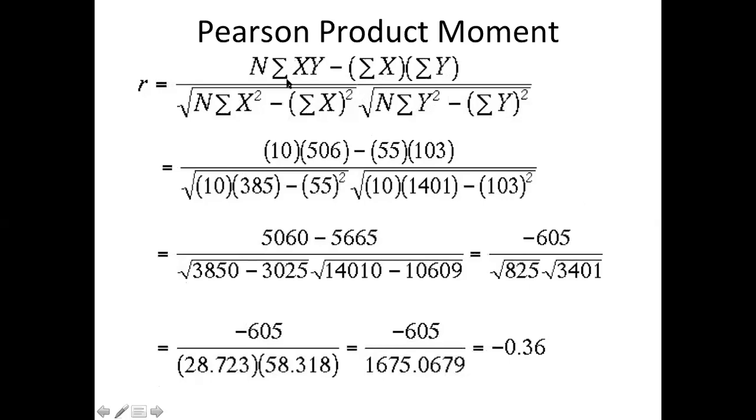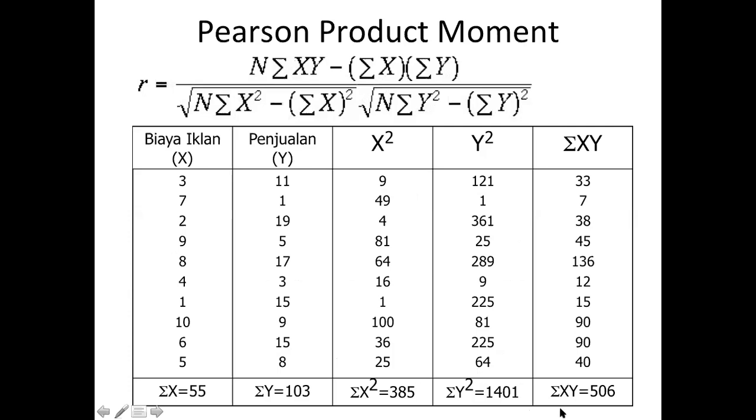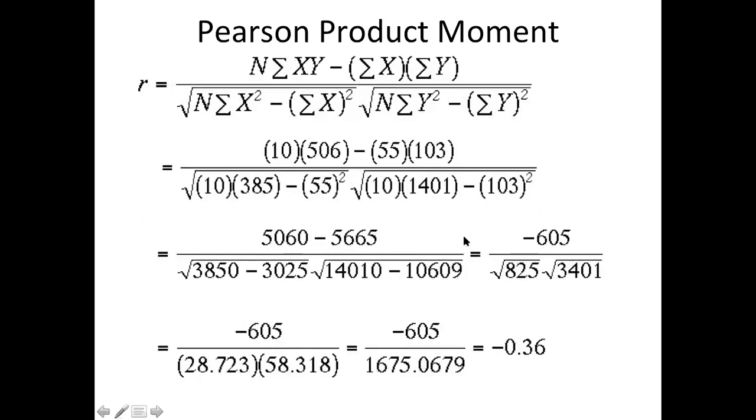So here is the formula, and then we have N, number of samples, 10 months. So 10 times the sum of XY. X times Y, and then we add it all together to find 506. And then the sum of X times the sum of Y, 55 times 103.